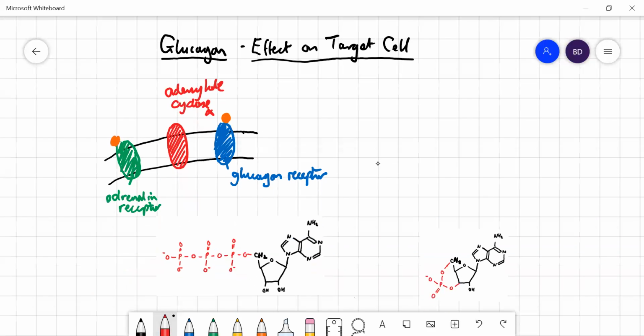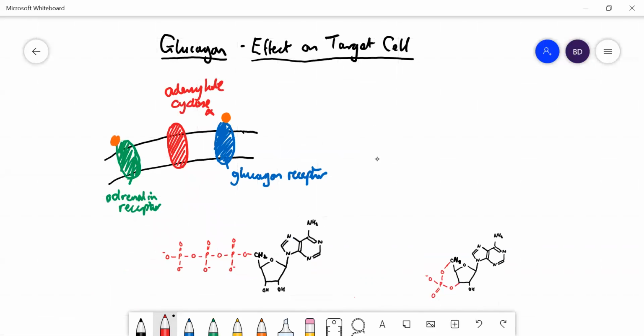Right, so hopefully you will recognize this structure here on the left as being ATP. So you've got your adenine, you've got ribose sugar, and then you've got 3 phosphates. What adenylate cyclase does is it will convert ATP into cyclic AMP, which I've drawn here.